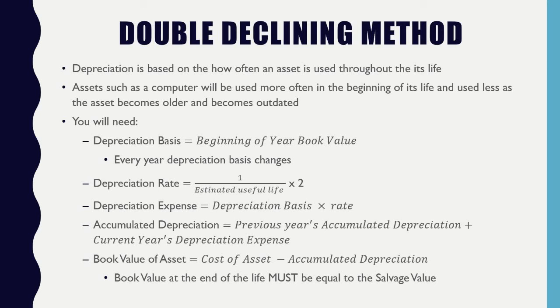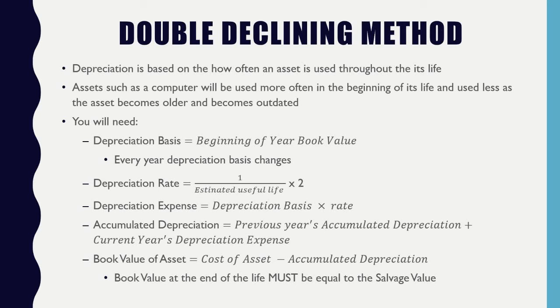And then as time goes by, you start using it less and less and less. So in this case, that's exactly why we would use double declining. Because in most cases, if you're using a fixed asset more frequently, then obviously you're going to be depreciating it twice as much, the idea here is that you're going to get rid of it a lot more quickly, okay? So here are the formulas.